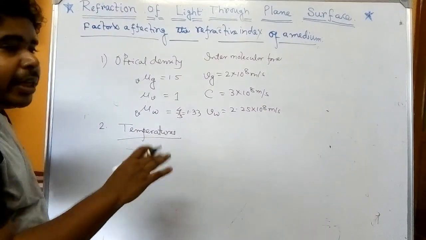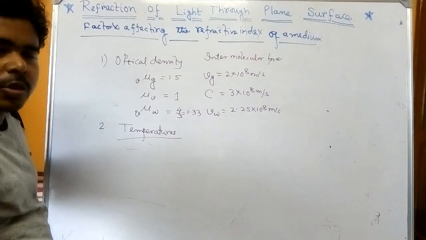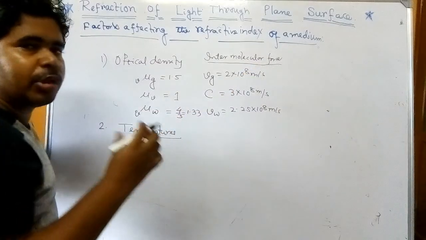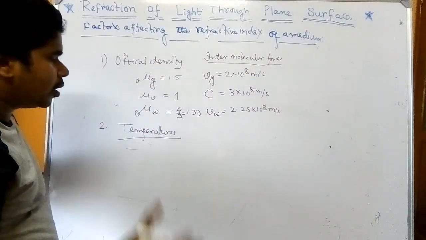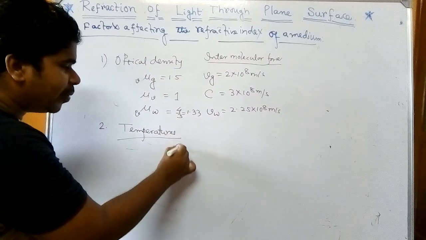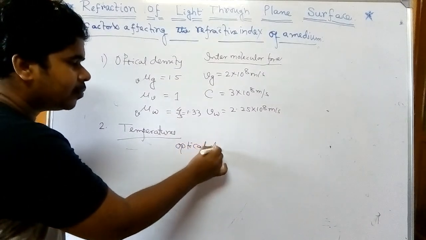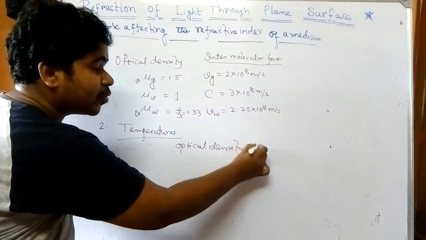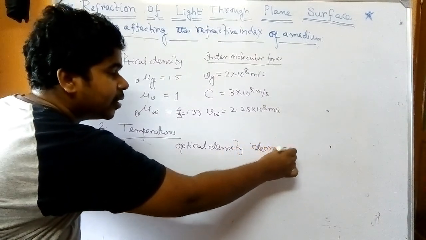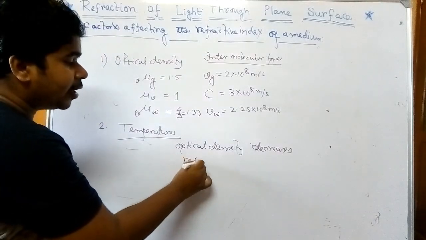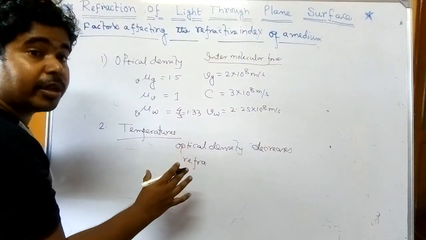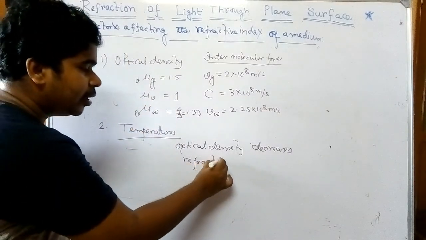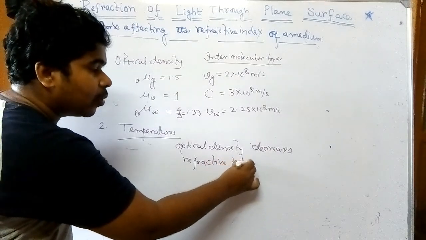So as the temperature increases, you all know the intermolecular force decreases. Then the optical density decreases, and the refractive index, which basically shows the optical density numerically, also decreases.